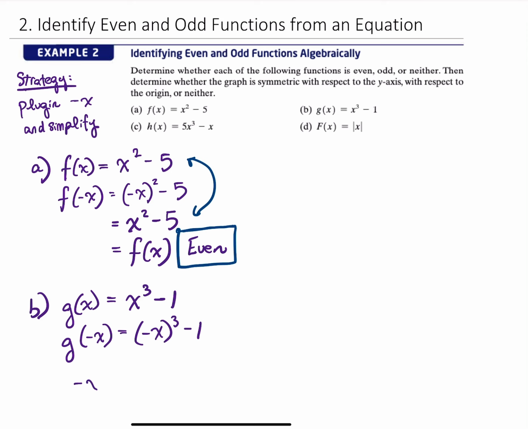Imagine we have negative x times negative x times negative x. On the first two, those will cancel, and that will give us positive x squared. Then we're still multiplying by a negative x, so it's going to pick up that negative, negative x cubed. So this will become negative x cubed. So that did flip in sign, but we still have this minus 1.